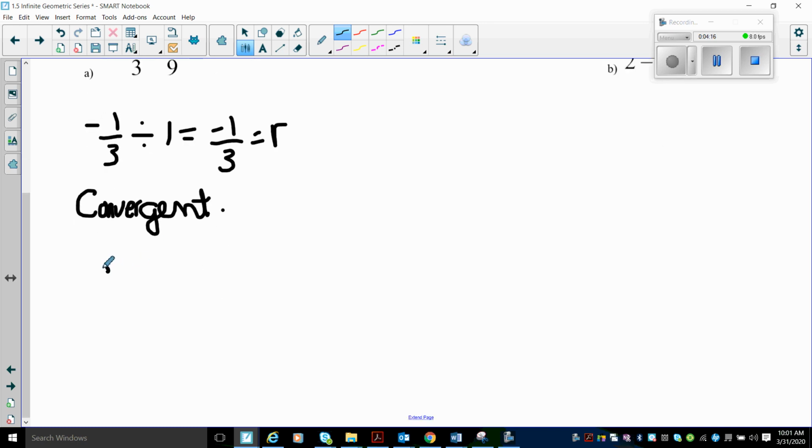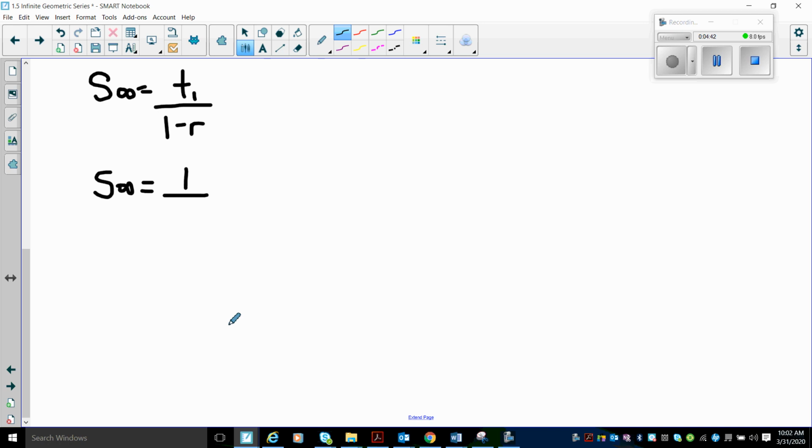So I'm going to write down that formula: S infinity equals T1 divided by 1 minus r. I'm looking for the sum, so that's my unknown. The first term in this series was 1, and my r is -1/3, which I'll put in brackets. S infinity equals, can't do anything on the top, so it's just 1, over 1 minus negative a third.